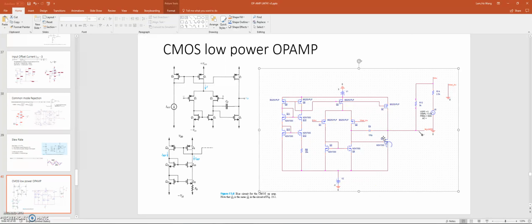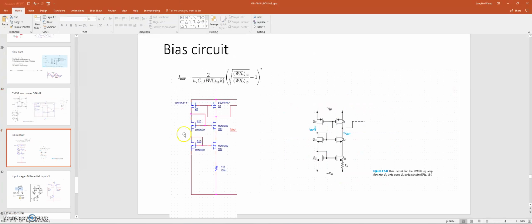And then stage 2, we have just one single CMOS acting as an amplifier. This is going to serve as a current supply, and then here we have the compensator. Let's go into detail. First, here's the biasing circuit. Here's the circuit from the book.